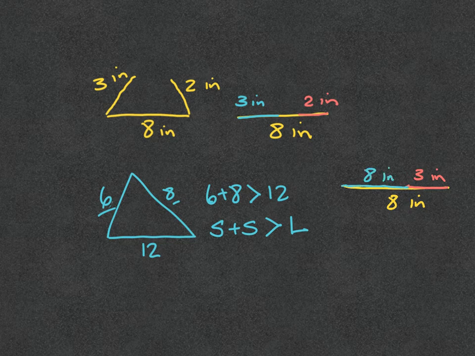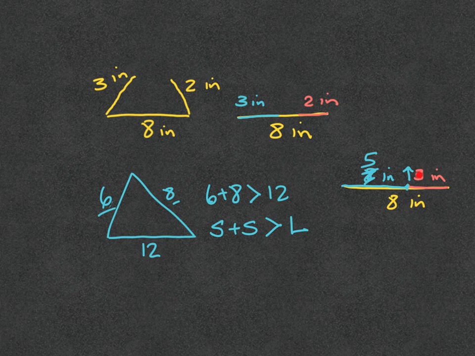Well, they barely reach, so I can't lift it. I would need more length there. So it can't be equal. Sorry, that should have been a 5. My bad. 5 plus 3 is 8. You can't lift it, so that wouldn't work.